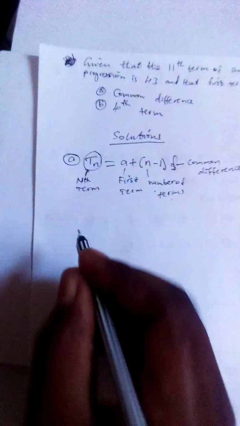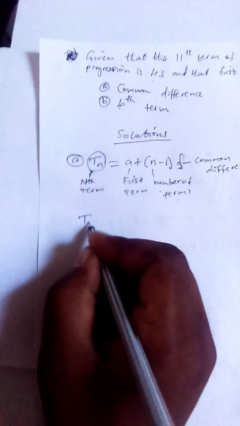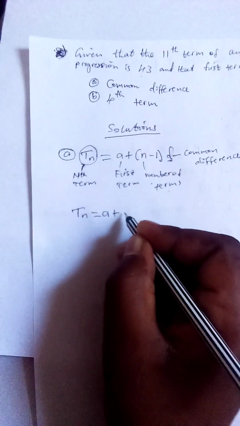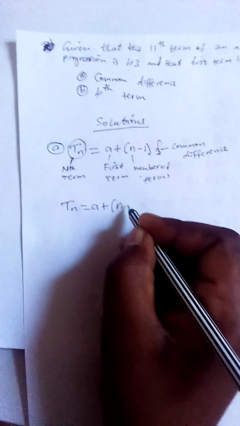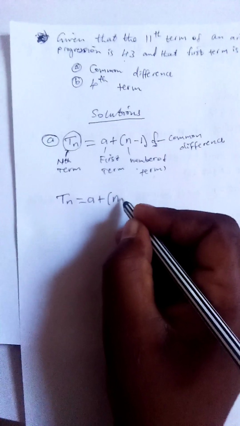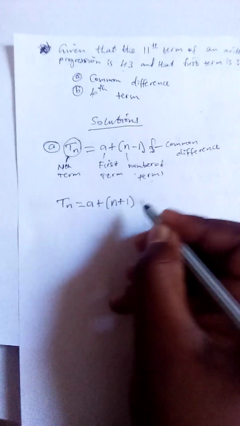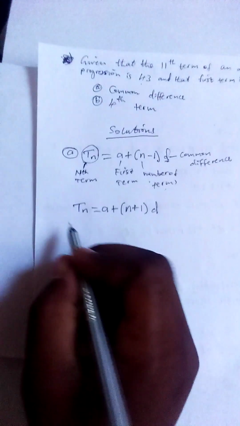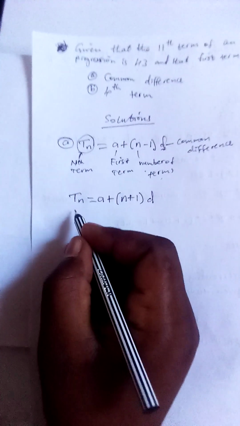So using that same formula, let me rewrite it properly. Tn equals A plus open bracket n minus 1, then we have the D there. So we start replacing now.